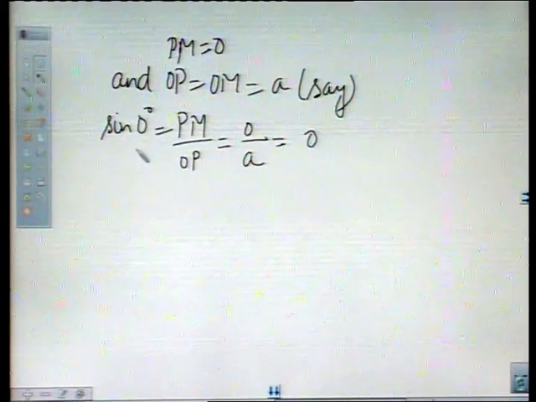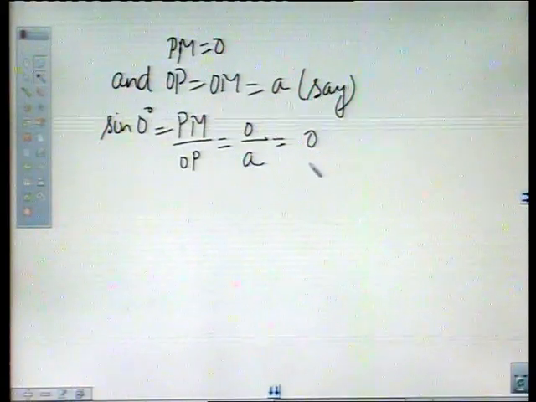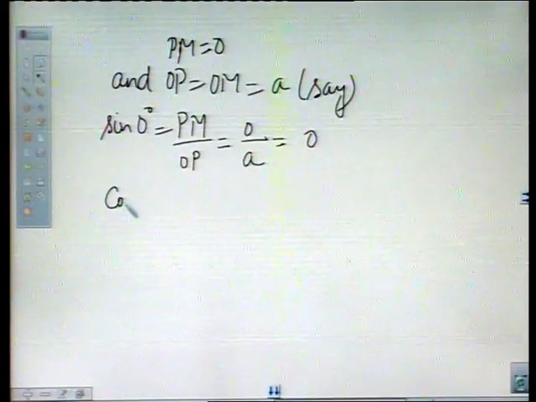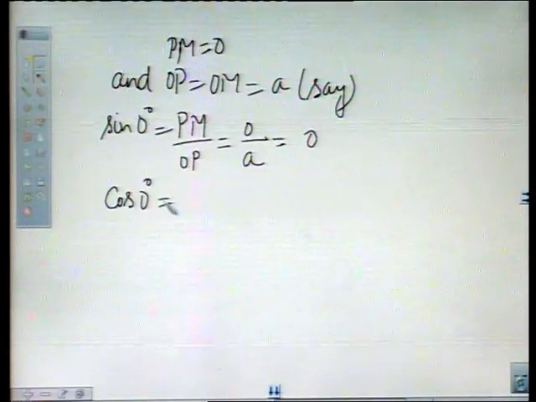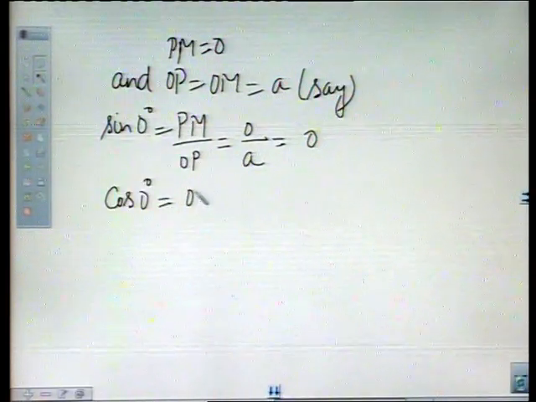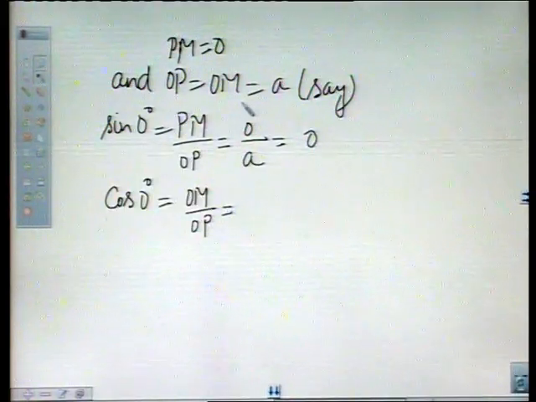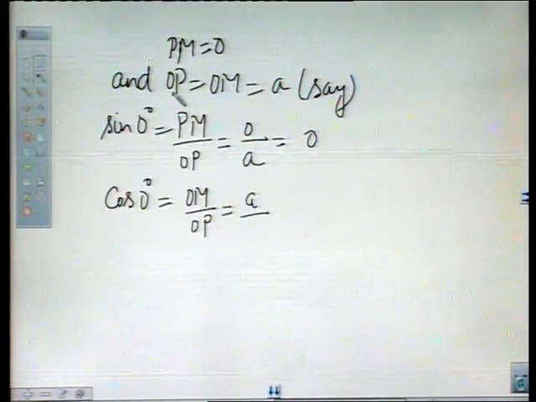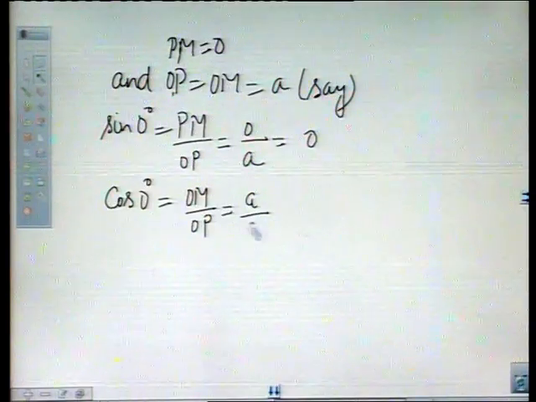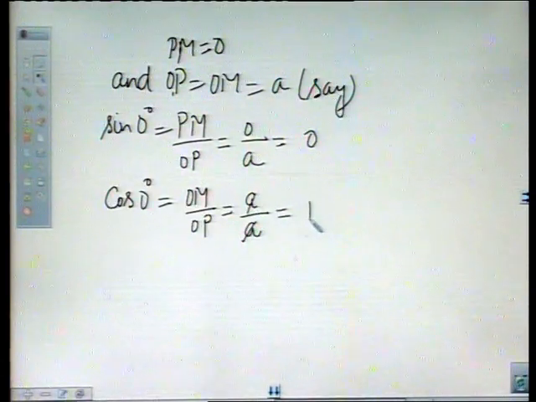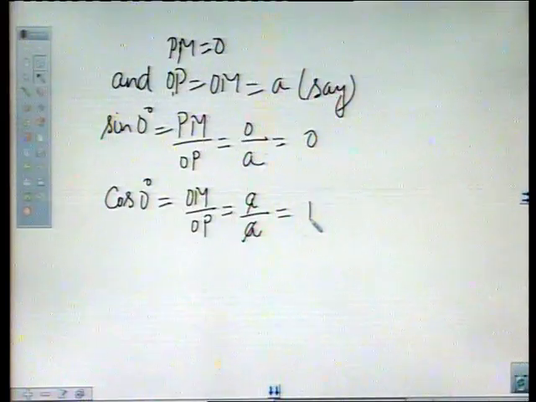The value of sine 0 degree comes out to be 0. Next we find the value of cos 0. Cos 0 will be OM over OP. Value of OM is A, whereas value of OP is also A. It cancels down and we get the value of cos 0 as 1.